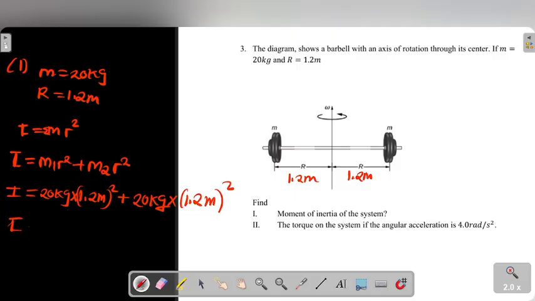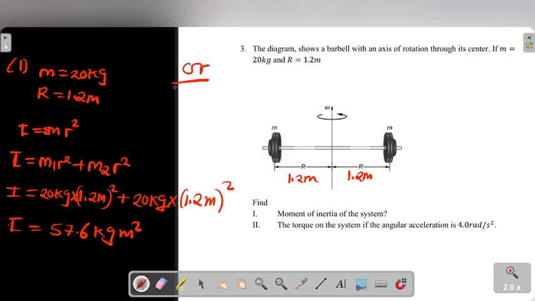So we punch that in, and you should be able to get 57.6 kg meter squared. So that's how you answer that one.